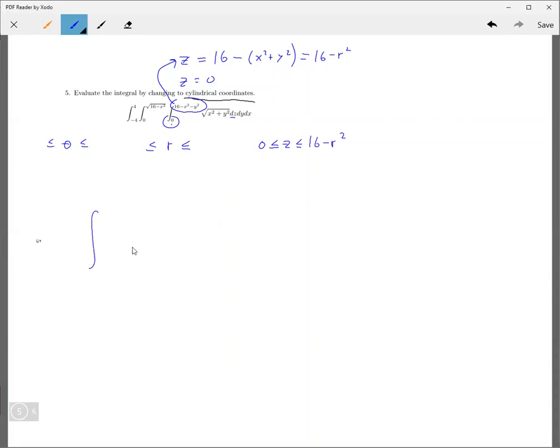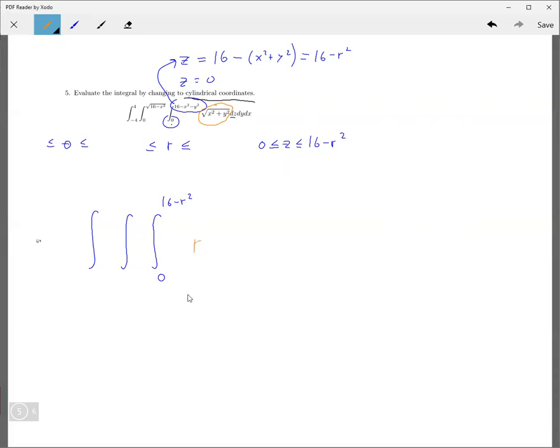So when we do the integration, we're going to get that. What is this part right here? It's just r.